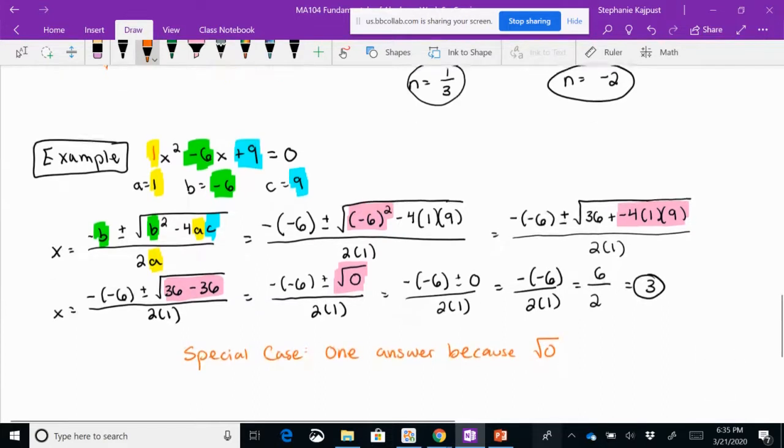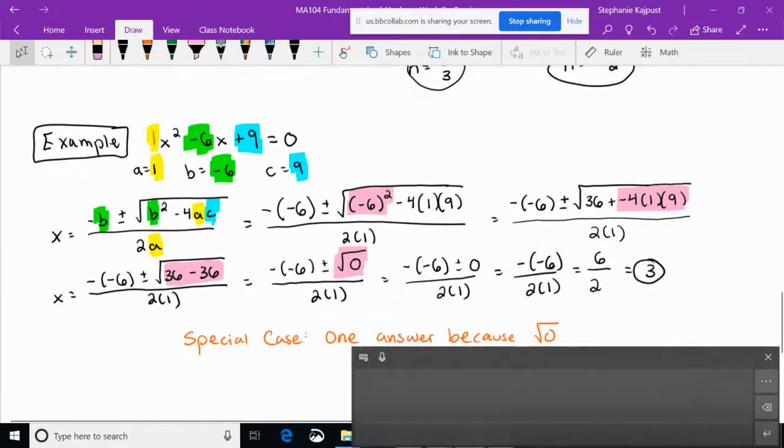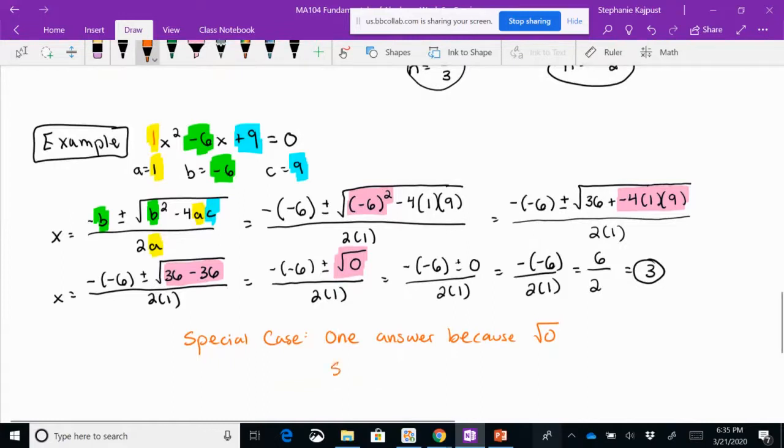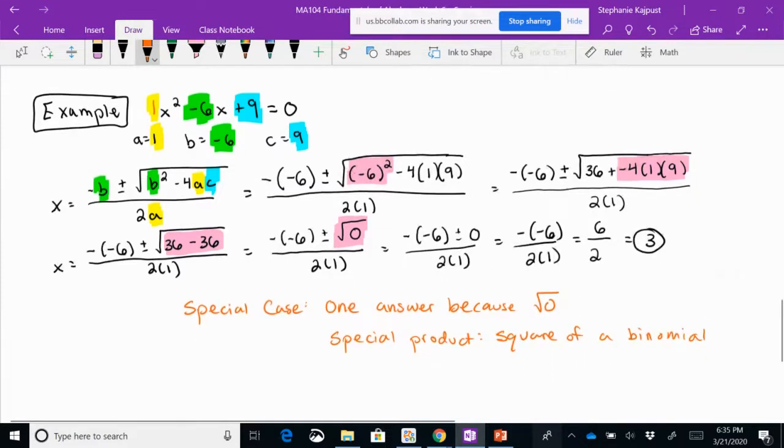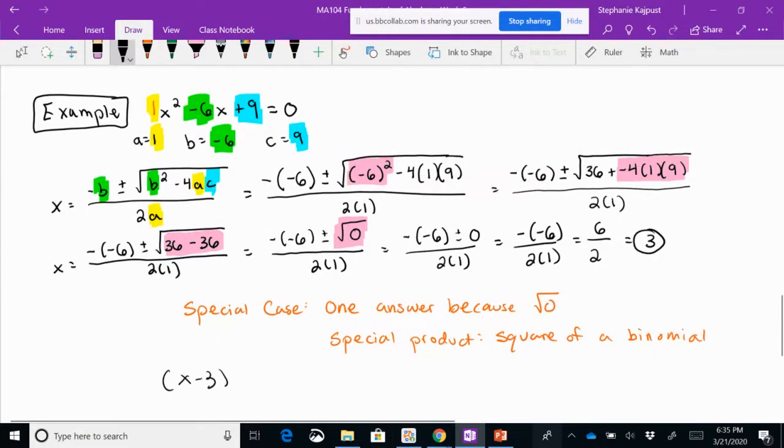And this is one of our special products. This is the square of a binomial. So when you were learning about multiplying out things, this actually factors to x minus 3 squared.